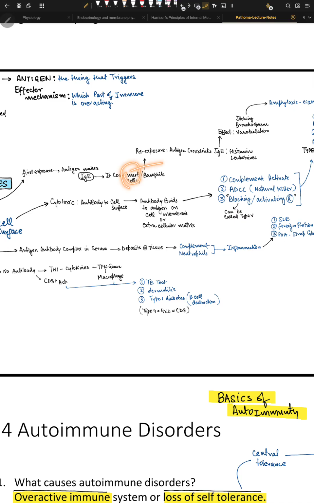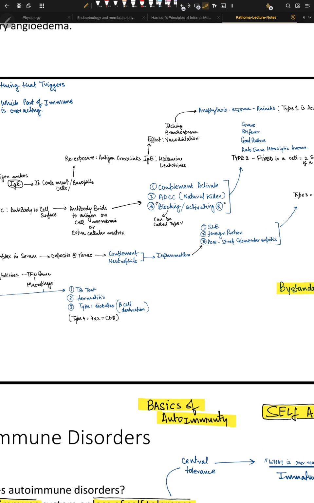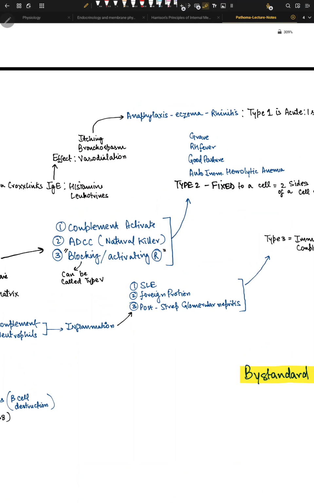Now mast cells produce a lot of histamine. Basophils also produce histamine and leukotrienes. And once we have histamine and leukotrienes, the effects will be itching, bronchospasm, and vasodilation. I hope we understand the basics of these effects. Now there is the presence of anaphylaxis, eczema, rhinitis.